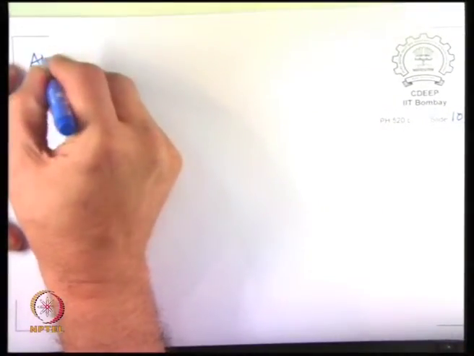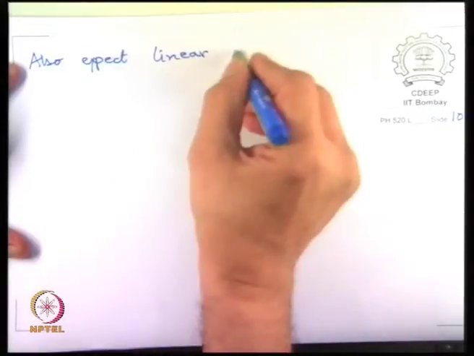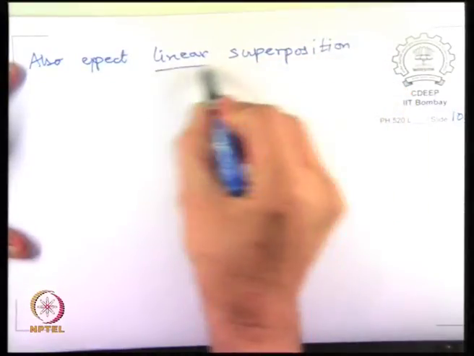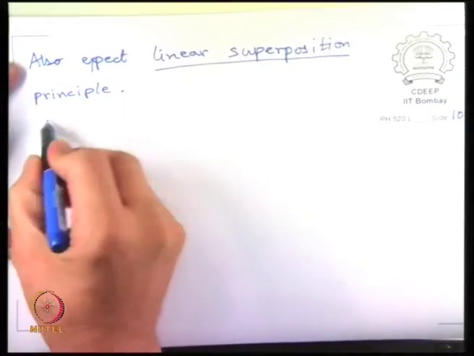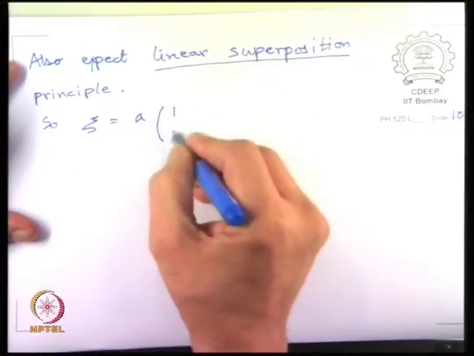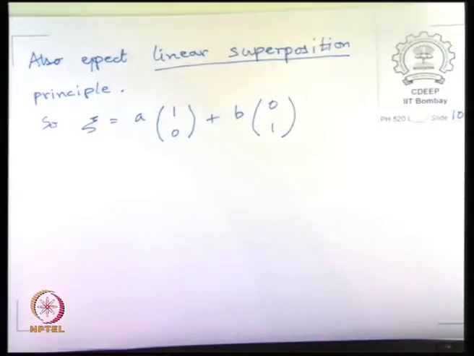So what would we do logically? If we believe the next point, the very important point of quantum mechanics, the linear superposition principle, then generically, because there is linear superposition, you write vectors.